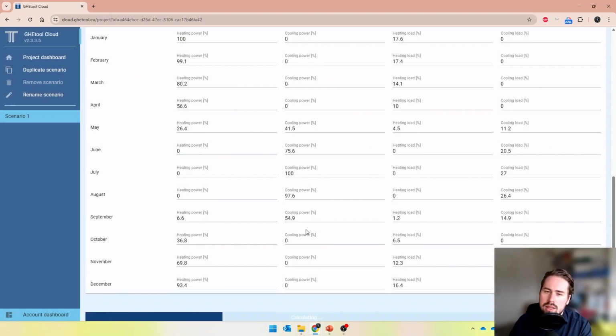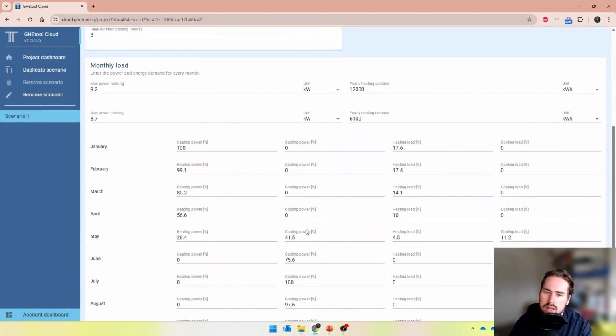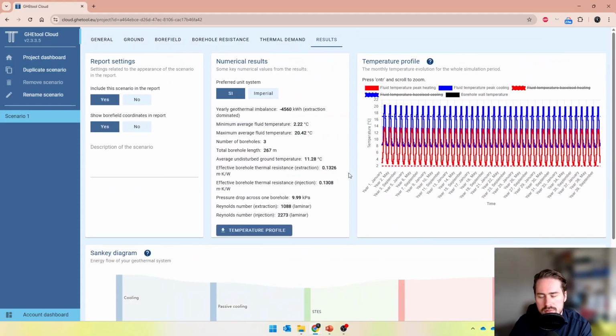Let's go ahead and simulate this first scenario and see what we end up with. Basically, the way you typically design a bore field historically. So what we see here, it's designed for heating, let's say.